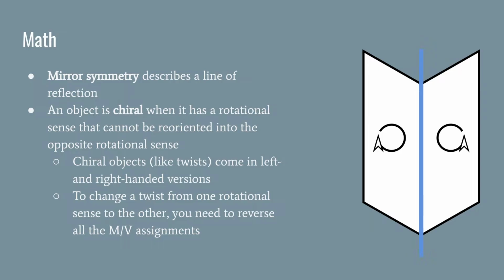With a twist, when you flip the paper over, you are mirroring all the folds and also changing all the mountain valley assignments. And so you don't actually change the rotational sense because you've performed two moves that would change it. So it changes back when you flip the paper over.